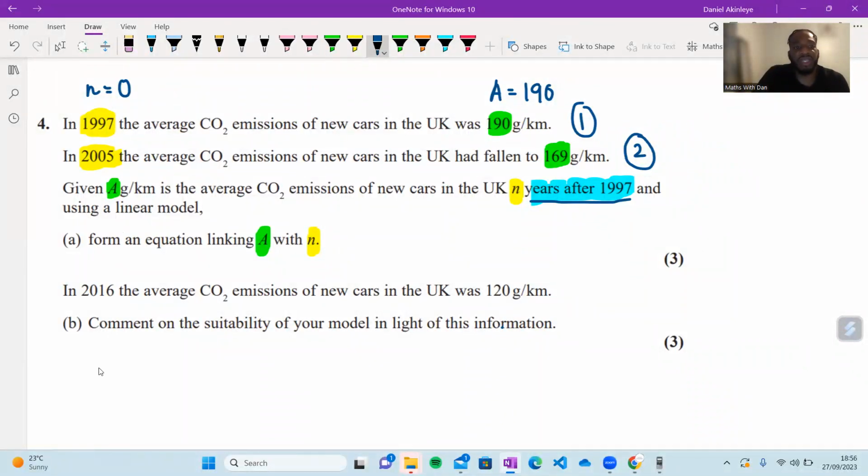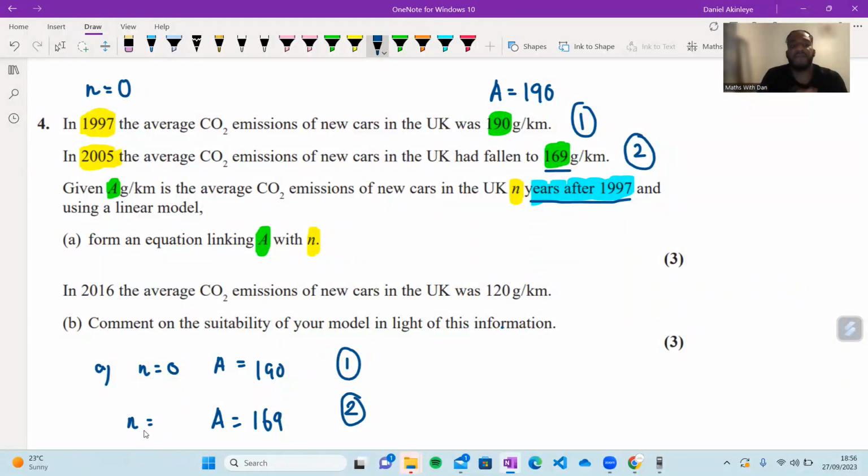So what you could say is that we've got N is equal to 0 and A is 190. That's for information number one. And then for information number two, we can see that A is 169 clearly. Can somebody tell me what our value for N would be in information number two?